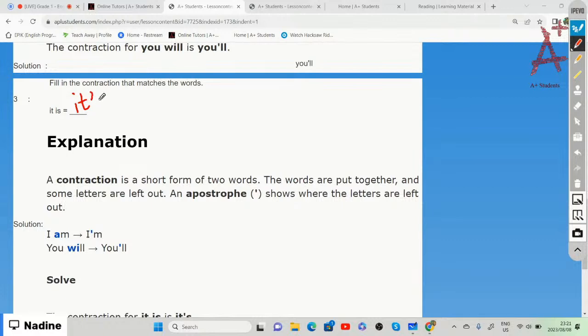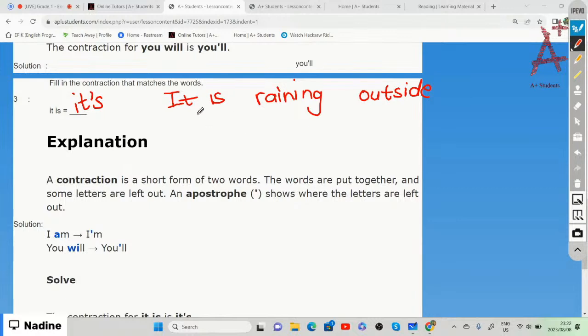We leave out the I and we just put the S. So it's, right? So now if we were to create a sentence, we can say it is raining outside. It's raining outside, right?